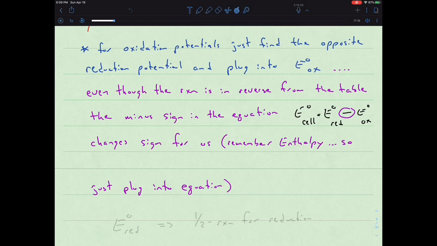So that's the nature of calculating these cell potentials: we have to figure out both this idea of reduction and oxidation.